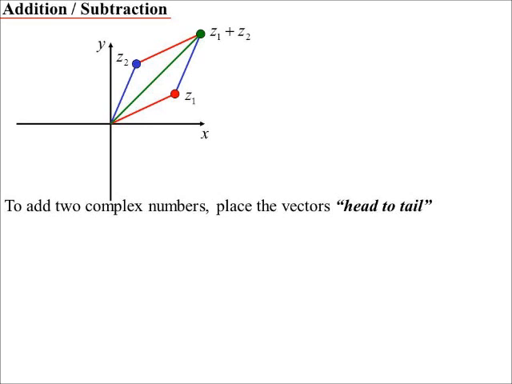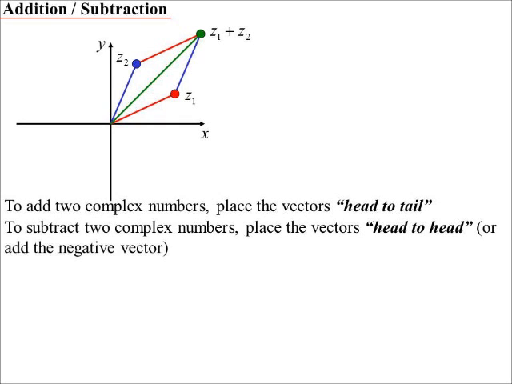Or it could be Z2 minus Z1, depending on which end you make the head and which end you make the tail. So to subtract, we can place the vectors head to head rather than head to tail. It's sort of like adding the negative vector.